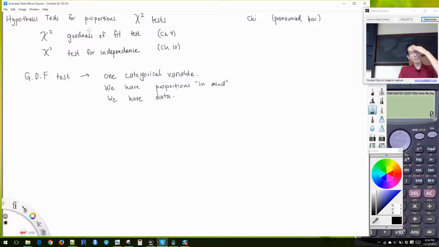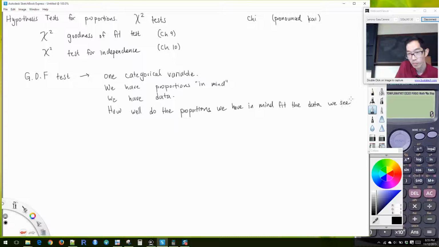Is goodness the right word? Yeah, okay, so it's really how well do the proportions we have in mind fit the data we see.